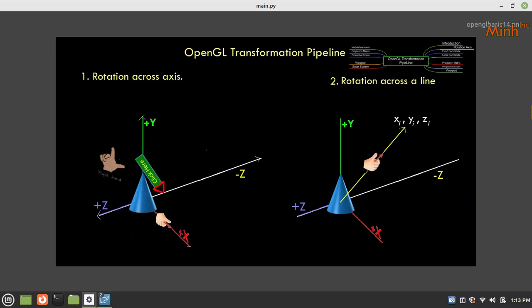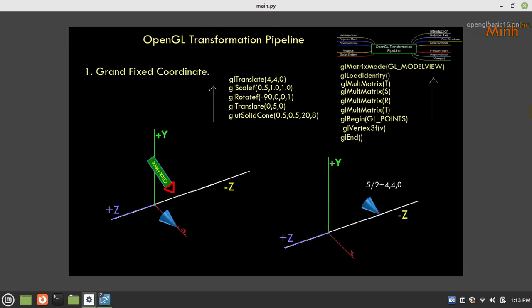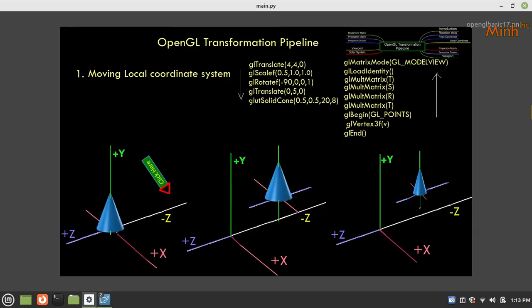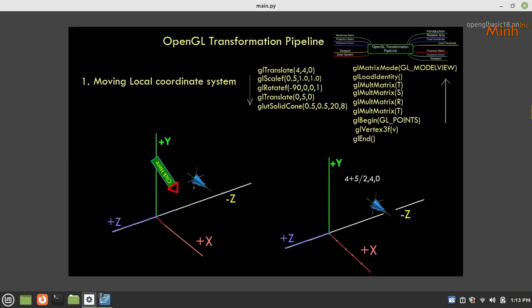It's kind of like I have a stick in z direction, and if I rotate the stick, then the model would rotate. So the model not only rotated, it became smaller also because in x direction there is a scaling.